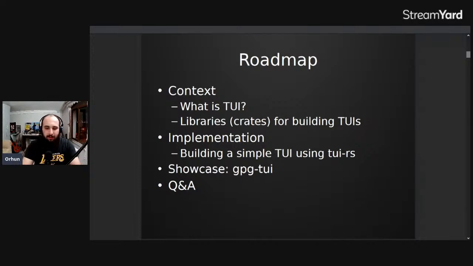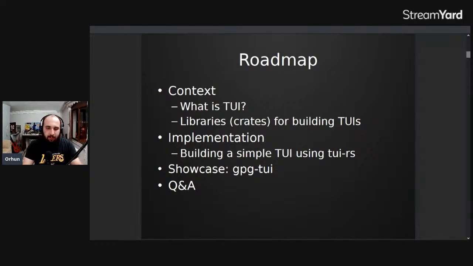So today's presentation roadmap is basically: I'll talk about TUIs, what they are, why we should have them on our system, why they are useful for us. Then I'll dive into the Rust side of things and talk about the libraries that we can use to build TUIs.